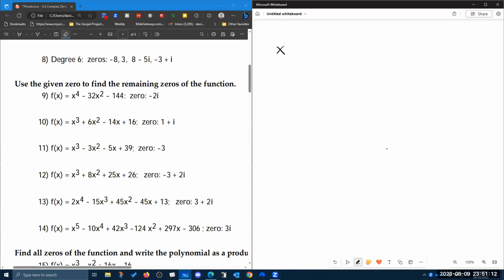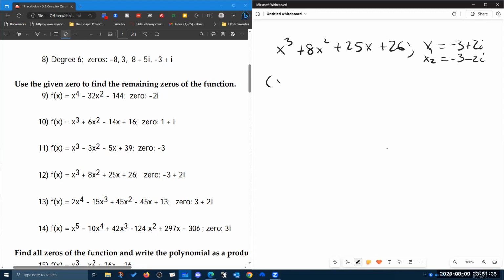All right, now we have x to the third plus 8x squared plus 25x plus 26. We're given the zero of x equals negative 3 plus 2i, which guarantees us x2 of negative 3 minus 2i.